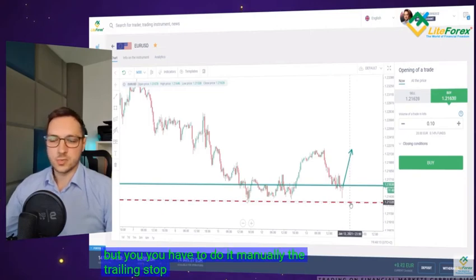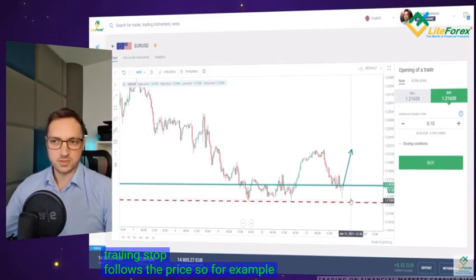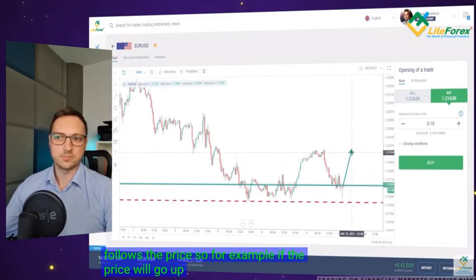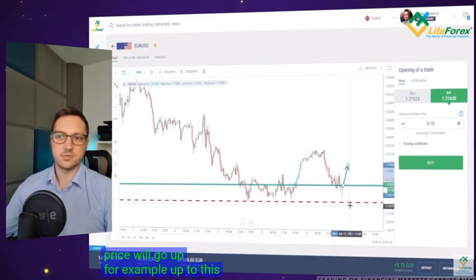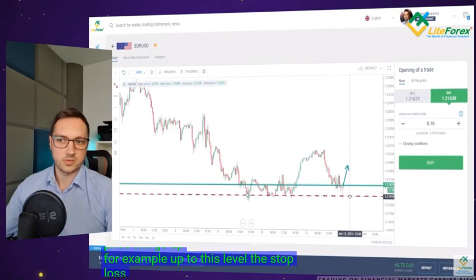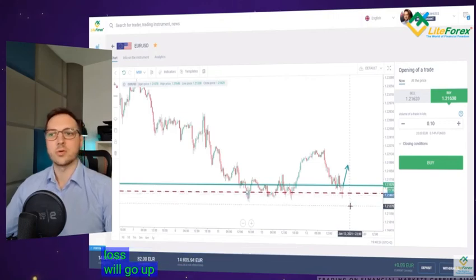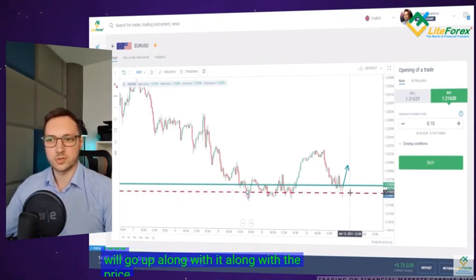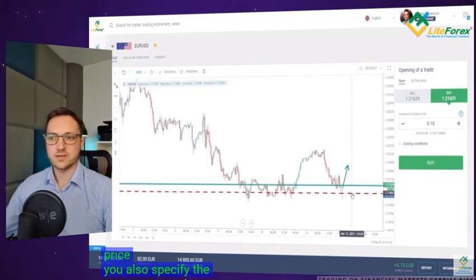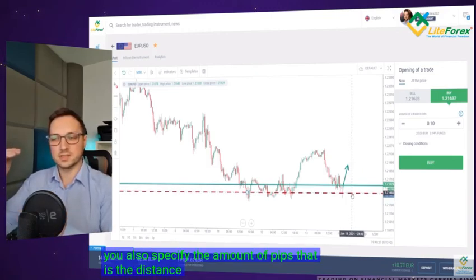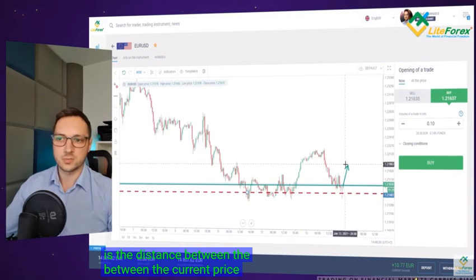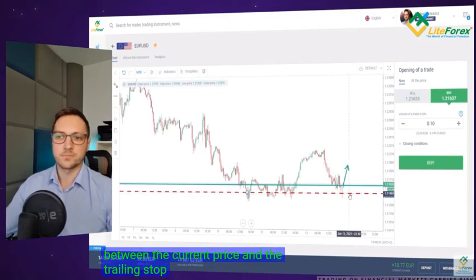The trailing stop follows the price. So for example, if the price goes up to this level, the stop loss will go up along with the price. You also specify the amount of pips, that is the distance between the current price and the trailing stop. And it goes like this.